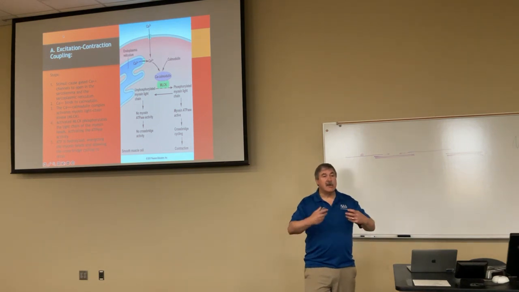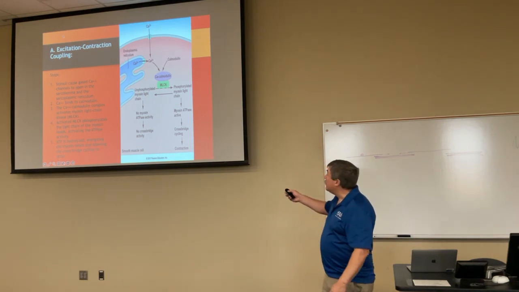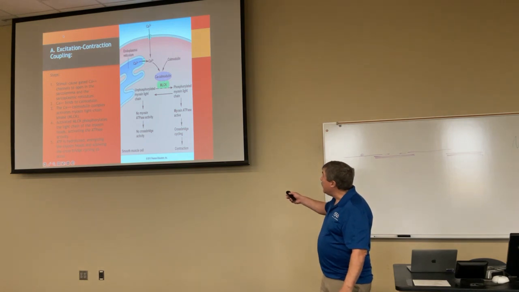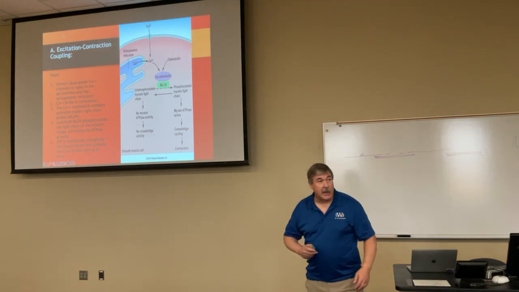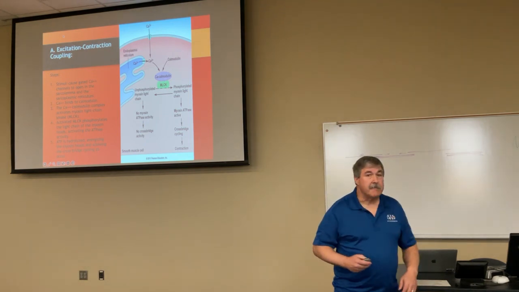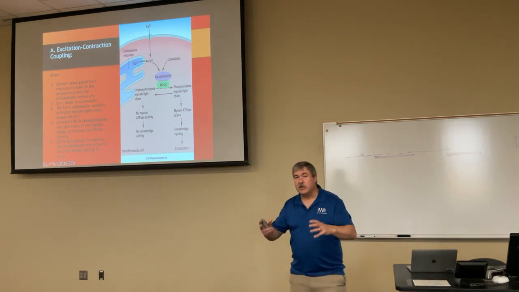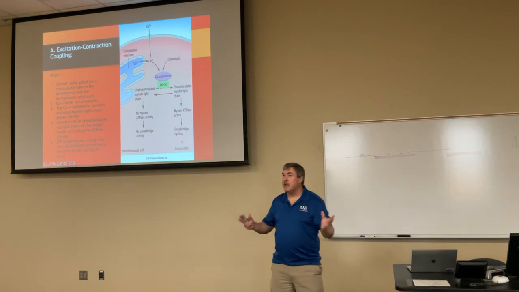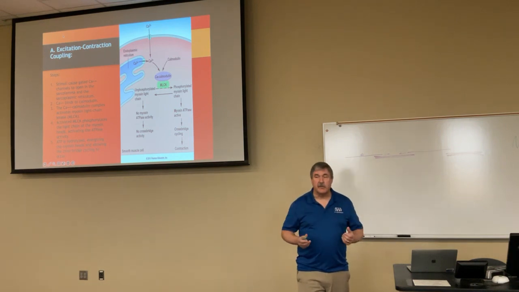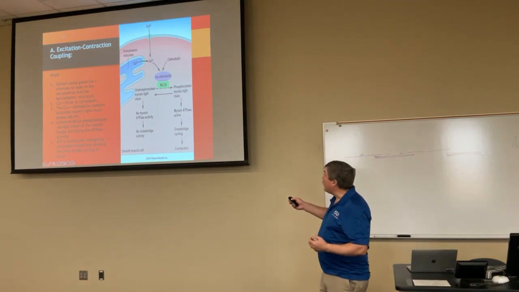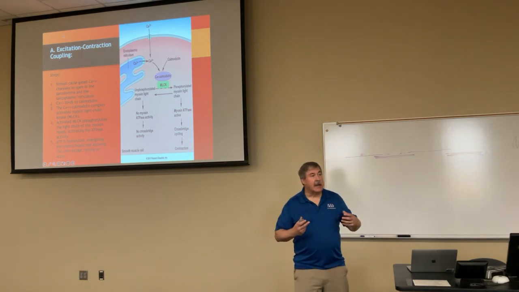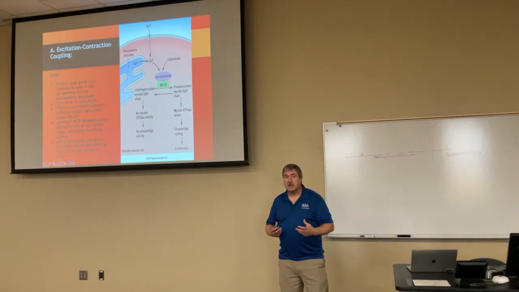So once calcium enters the cytoplasm, it combines with the protein calmodulin. This is calmodulin right here. Calmodulin is always present in the cytoplasm of smooth muscle fibers. So calcium combines with calmodulin to form a calcium-calmodulin complex.